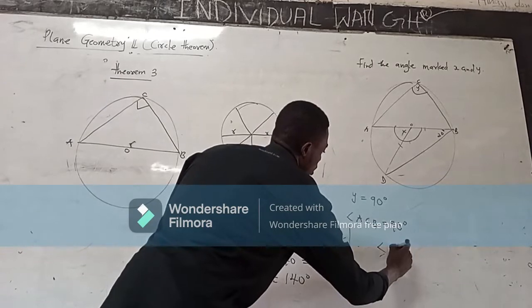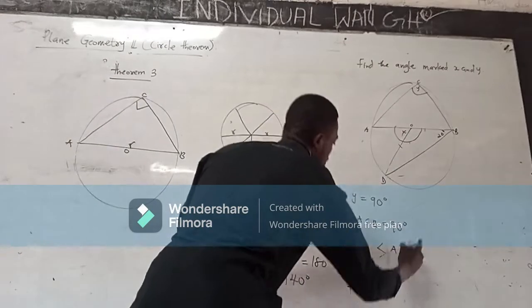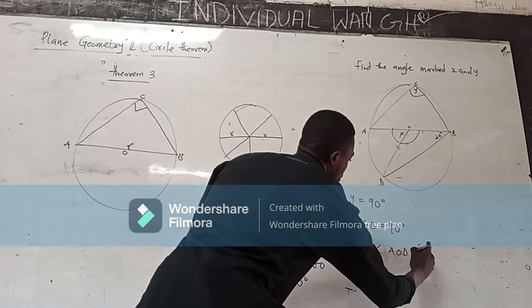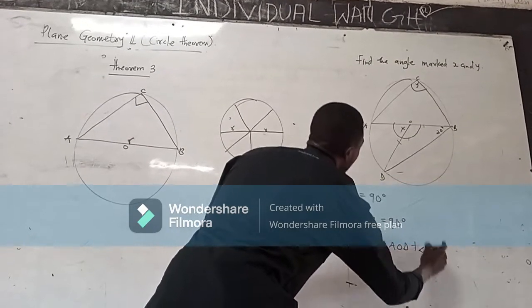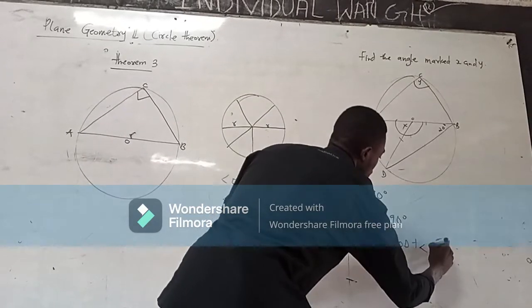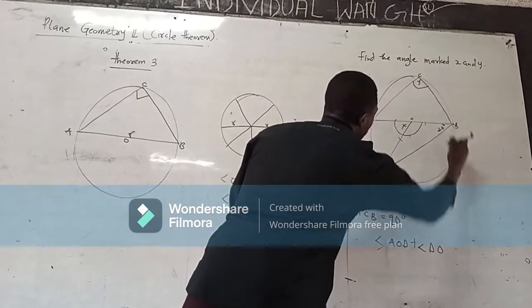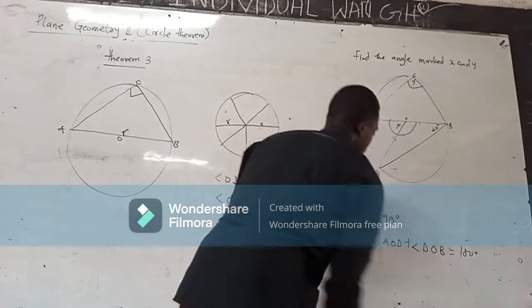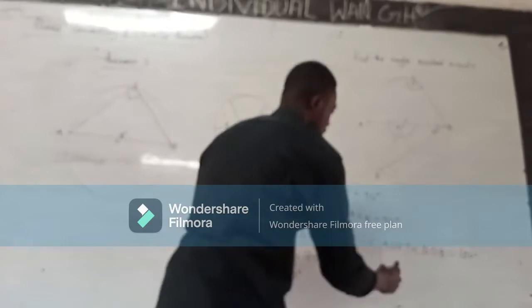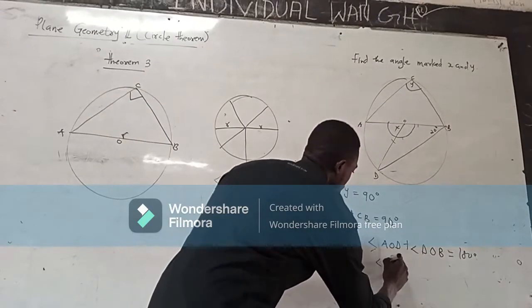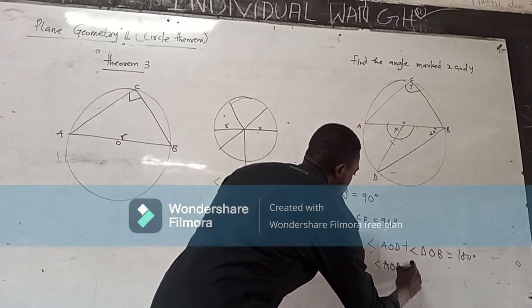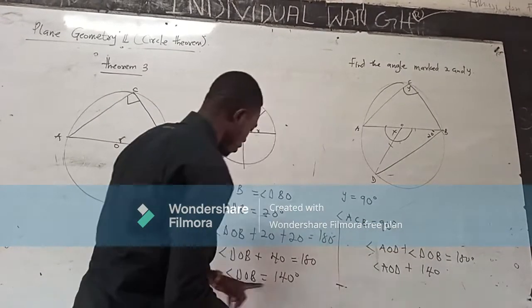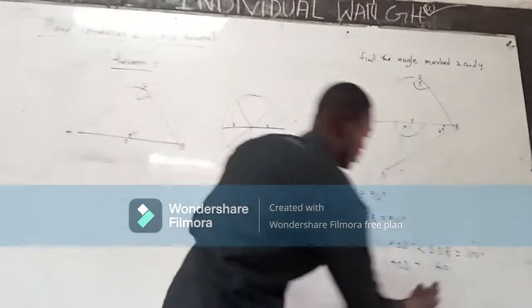Angle AOD plus angle DOB sum up to what? 180, because they are on a straight line. So AOD plus this one, which is 140, we have already found it.